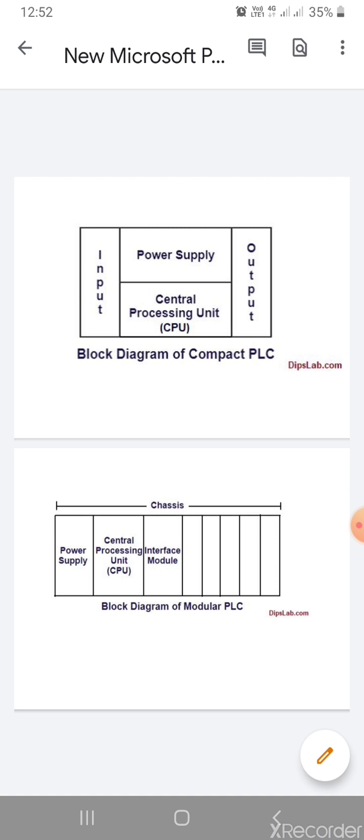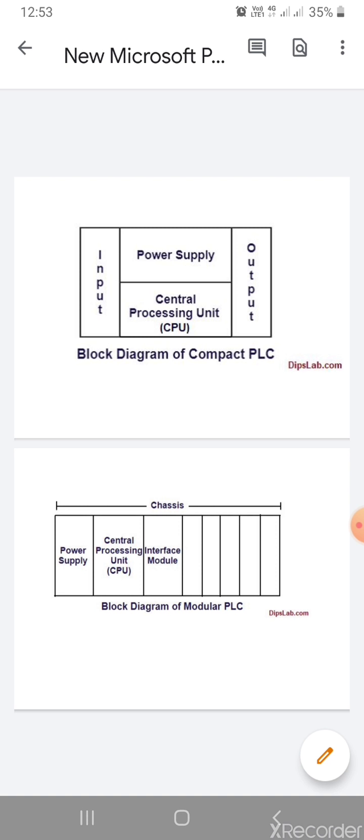Now we will see the internal modules of both. Considering the internal module, the compact PLC has input and output modules fitted with the CPU, whereas in the modular PLC, several components are fitted on a chassis, or I can say a frame or rack or bus with different slots.